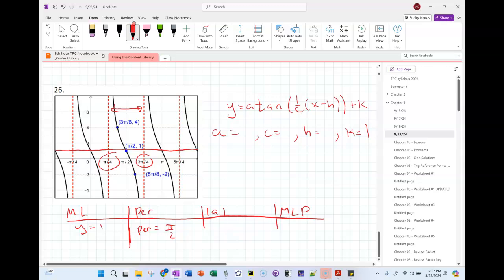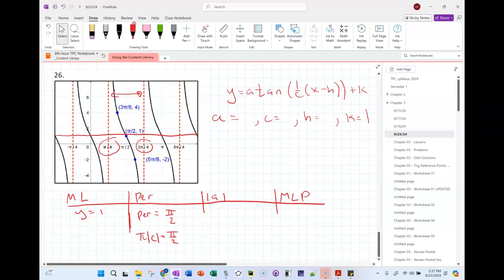What of A, C, H or K am I going to get from the period? C. So the equation I'll write is pi times the absolute value of C is equal to pi over 2. When I solve that for C, what do I get? 1/2. Correct.